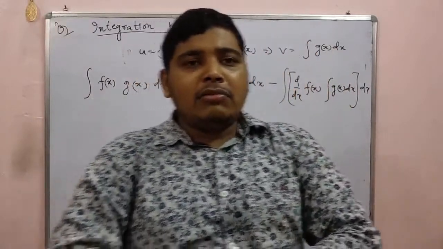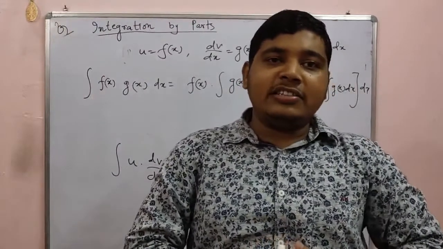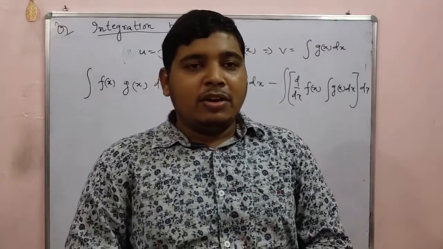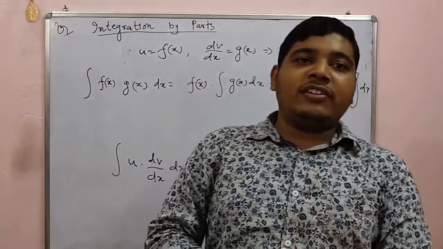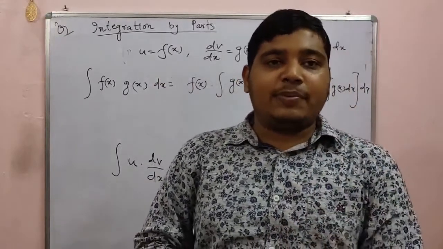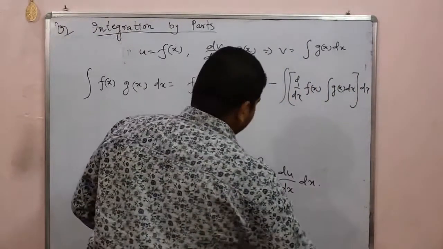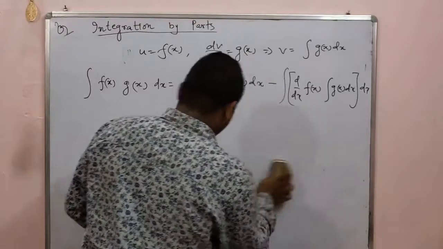Now one question arises: what is f of x and what is g of x? If two functions are given, which function will we take as f of x and which as g of x? For this we have one rule.